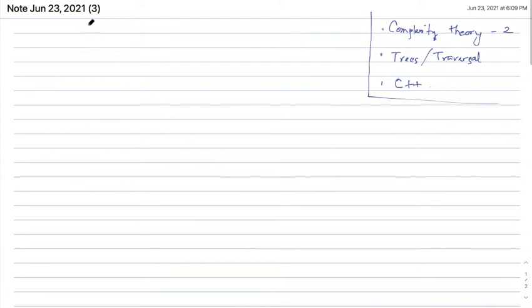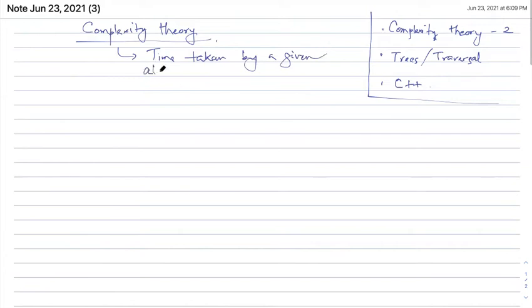So we'll get started with the complexity theory. And this is, as we introduced last week, about figuring out the time taken by a given algorithm.